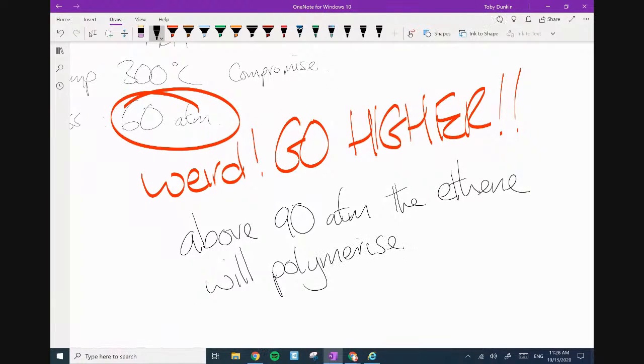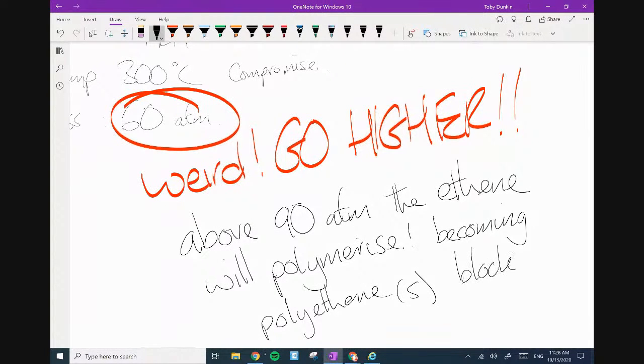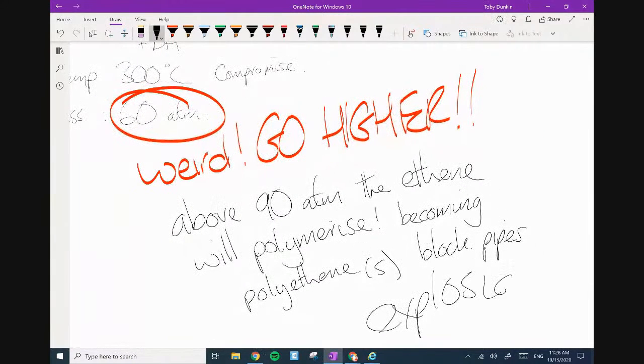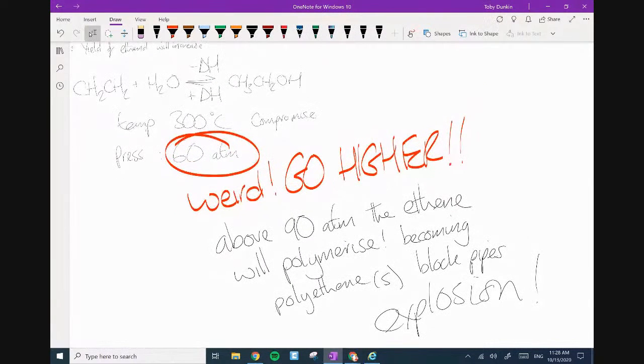It'll become a plastic, becoming polyethene, which is a solid. Block pipes, explosion. Boom. Not good. So they turn it down to 60 because it's dangerous.